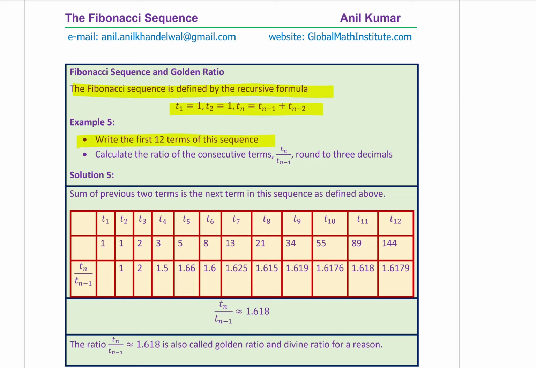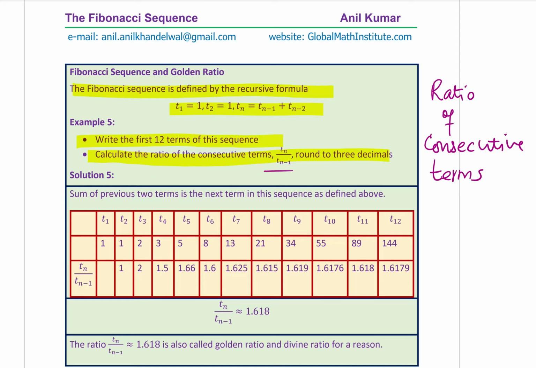Again, we'll write the first 8 terms, but this time calculate the ratio of the consecutive terms. So what we are trying to do here is find the ratio of consecutive terms. Consecutive terms means what comes next over what is there, right? In short, it can be written as Tn over Tn minus 1, the previous term, right? So that is what we are going to do.